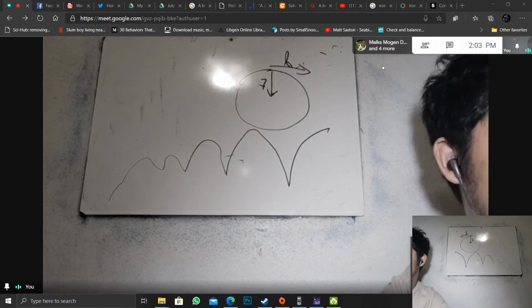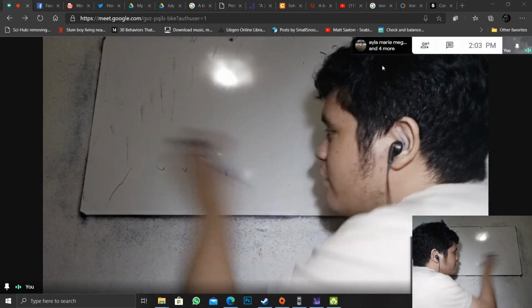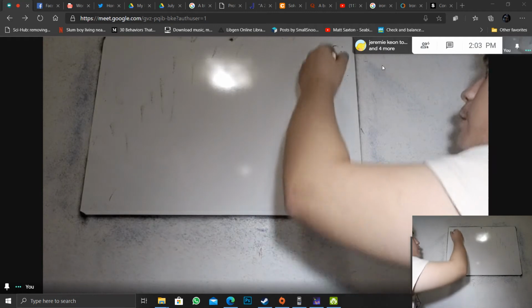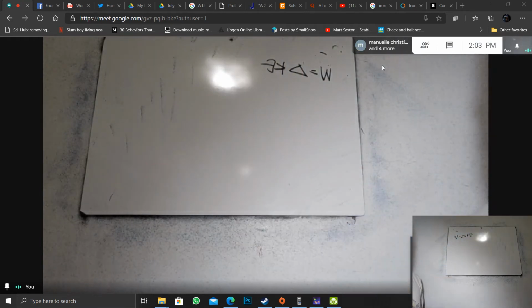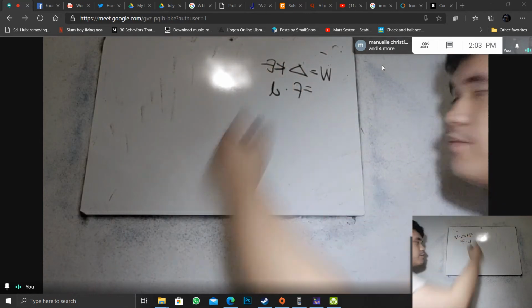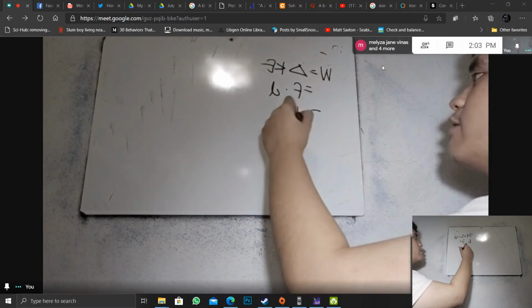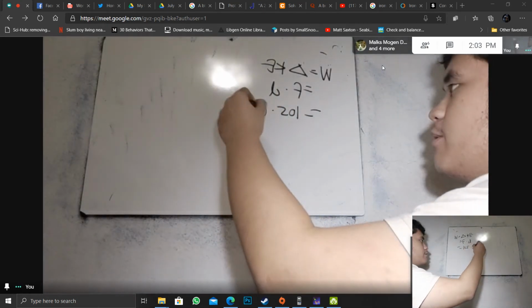85-gram arrow is fired over a distance of 75 cm. Work equals delta KE, which is equal to force times displacement. So, equals 105 times 0.75. 79 joules, no?